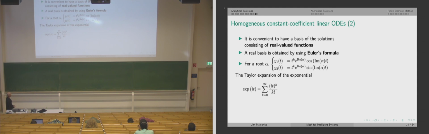So that is that if we have a root of the characteristic polynomial, which is alpha, then this leads to two solutions, well, two bases. There are two real solutions which correspond to a single complex root.